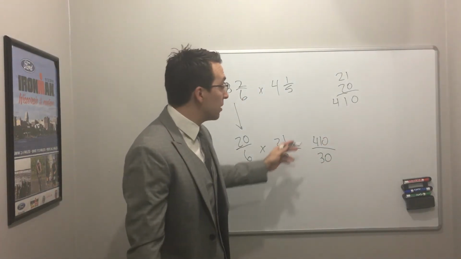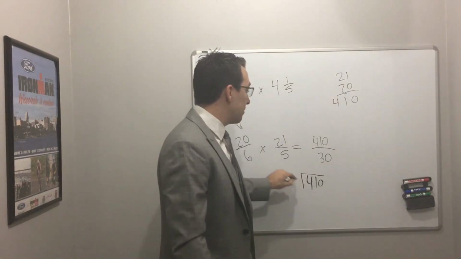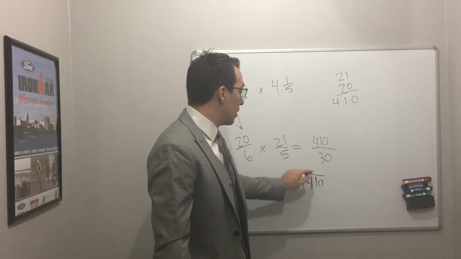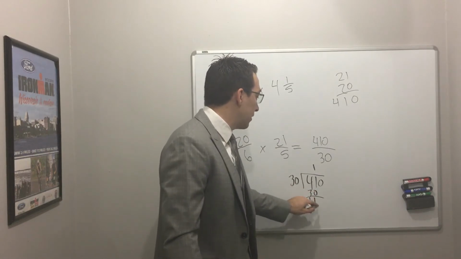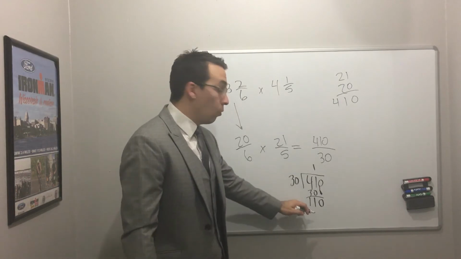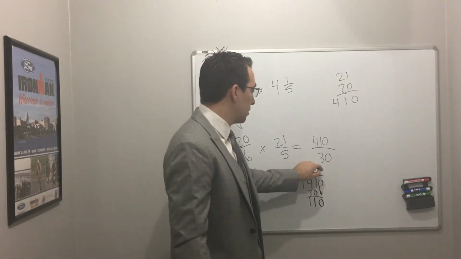Or we can divide and turn it back into a mixed number. What's 420 divided by 30? Okay, 30 goes into 42 one time, and there's a remainder of 12. Drop my 0. 30 goes into 120 4 times, right?